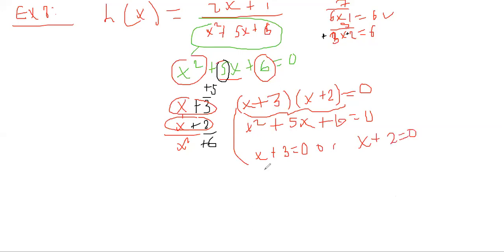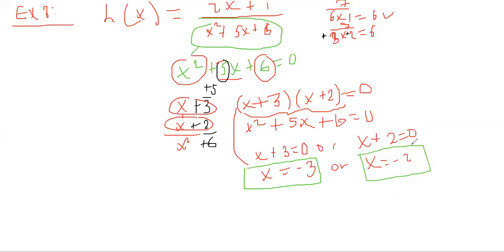So obviously here x will be minus 3, or x equals minus 2. So what are these numbers? These numbers will make the denominator equal to 0, so we have to exclude them from the domain.